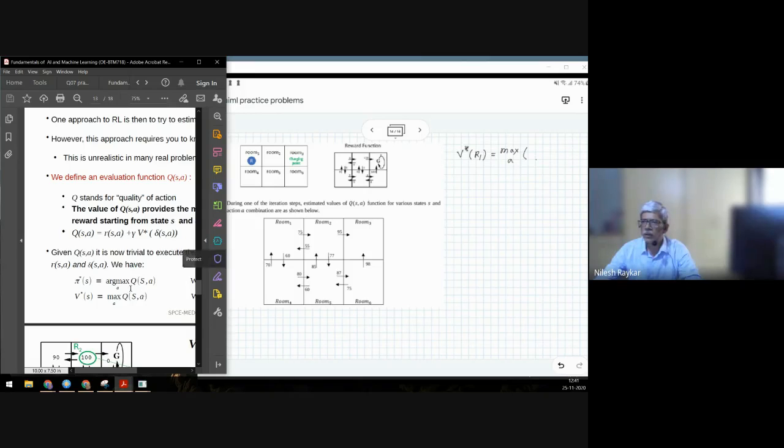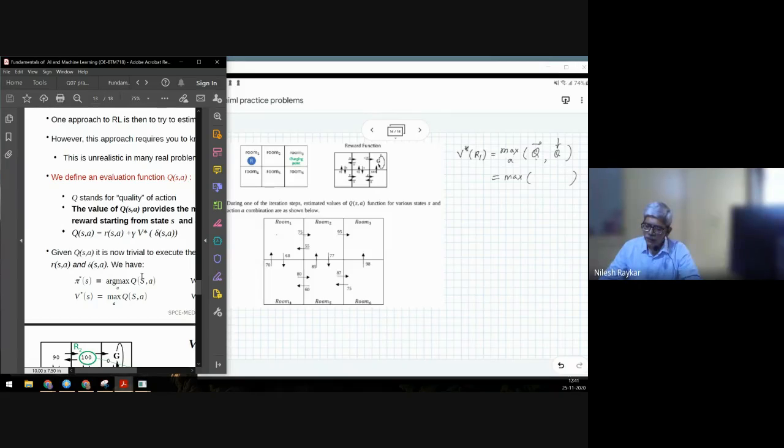Corresponding to these two paths, you have the Q function values: Q for moving right and Q for moving down. These are the only two paths which are available to you from room number R1. Whichever is maximum, that is what you are taking. So what is the Q of the right path?